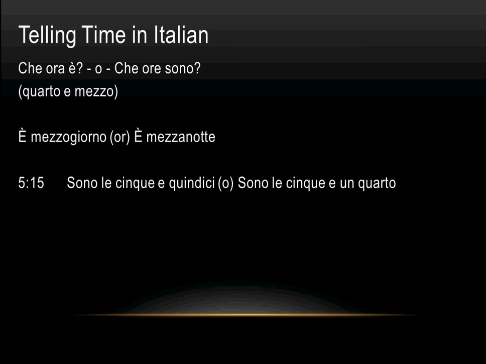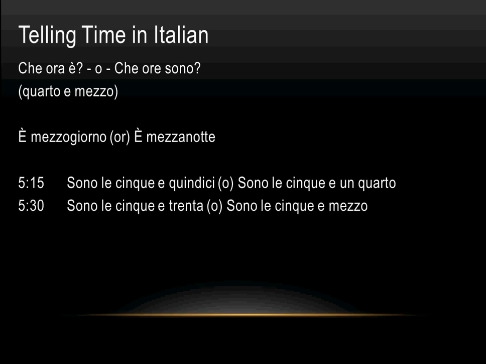Just like here, you hear people say it's a quarter after 5, it's a quarter till 3, etc. In this case, it would be sono le 5 e un quarto. Now, since you're going to say quarter, you do have to use an indefinite article here after the Italian verb for and, or e. So sono le 5 e un quarto. It is 5 and a quarter.